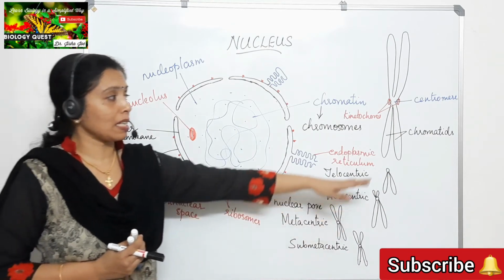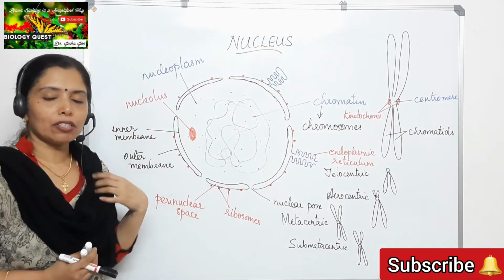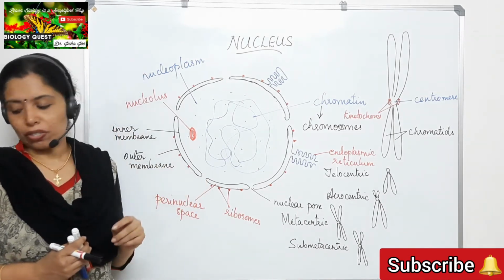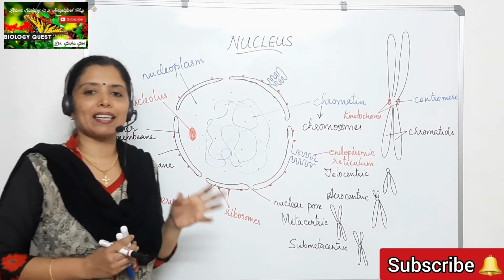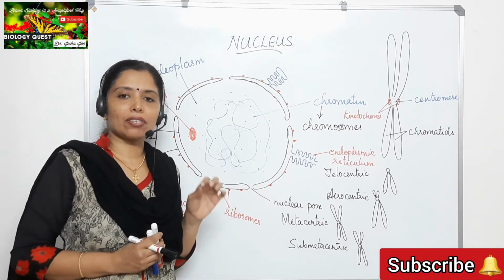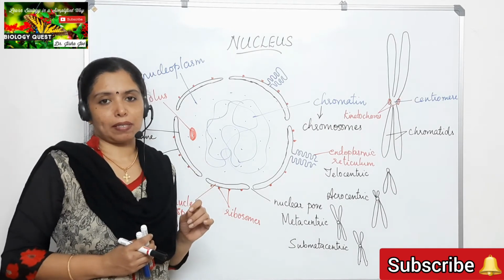Now, as we have seen, centromeres are primary constrictions. In certain chromosomes, you can see secondary constrictions, which are non-staining regions, and those chromosomes which have the secondary constrictions are called satellite chromosomes.